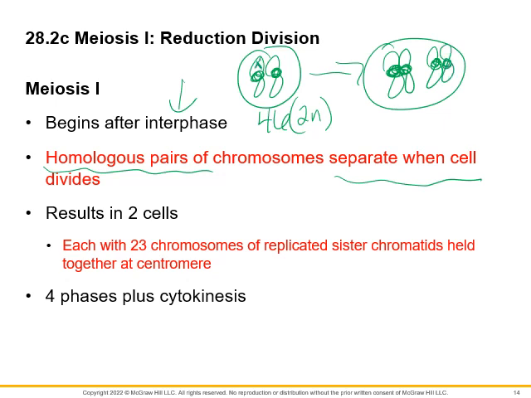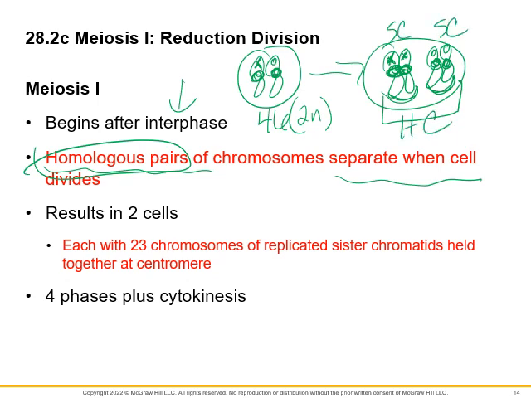I'm going to put an X here so we know that these two are copies, and then this one has an O, so we know that these two are copies. So these are sister chromatids. These are sister chromatids. All four of these are homologous pairs or homologous chromosomes. So sister chromatid, homologous chromosomes.